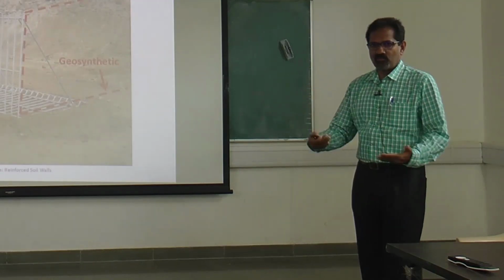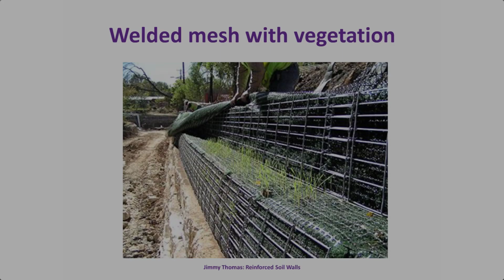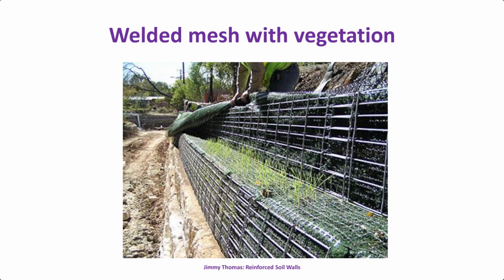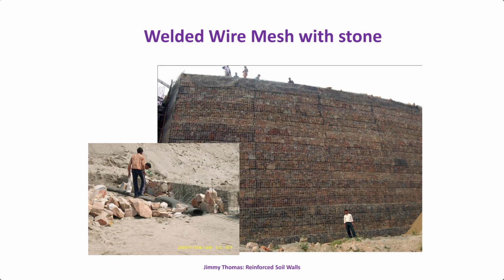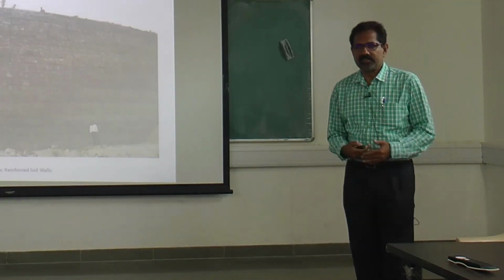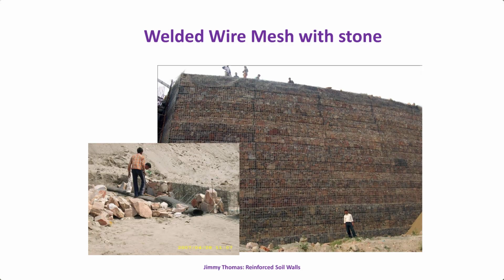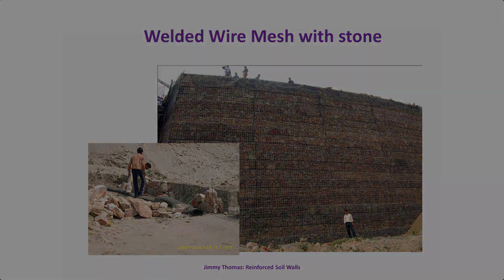Near about, say, 1 meter, we can have this type of facing, and we can have either vegetation or stone. In certain climates, because vegetation is not possible everywhere, we need a favorable climate and rainfall to sustain vegetation. So if that is not there, we can go with stone. We place stone behind the face like that.